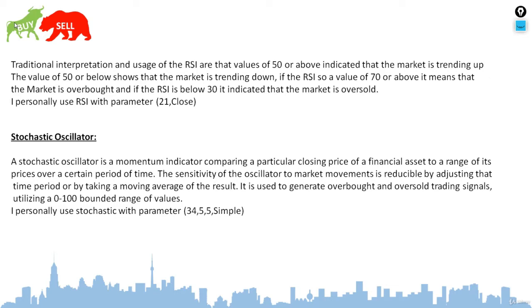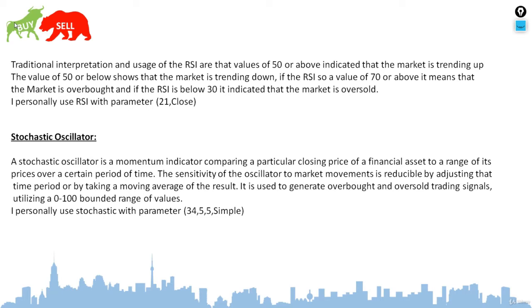In second place, we are going to see the second indicator, which is the stochastic oscillator. A stochastic oscillator is a momentum indicator comparing a particular closing price of a financial asset to a range of its price over a certain period of time. The sensitivity of the oscillator to market movement is reducible by adjusting the time period or by taking a moving average of the results.